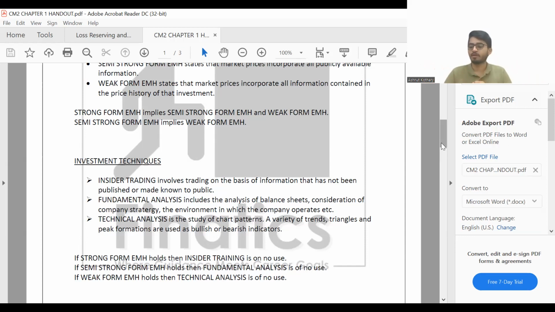Is anyone aware of Rajat Gupta? Rajat Gupta was his name, or am I missing him? Basically, there was this person who was jailed. He was of Indian origin, jailed due to an insider trading case. The allegation against him was that he had passed on certain information to one of his Sri Lankan friends, or rather a broker, not a friend exactly.